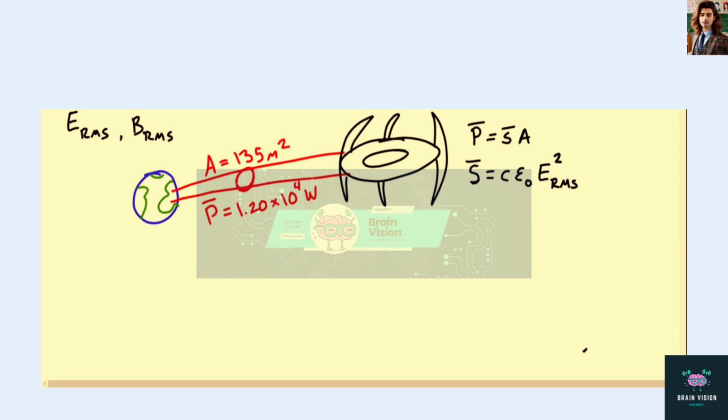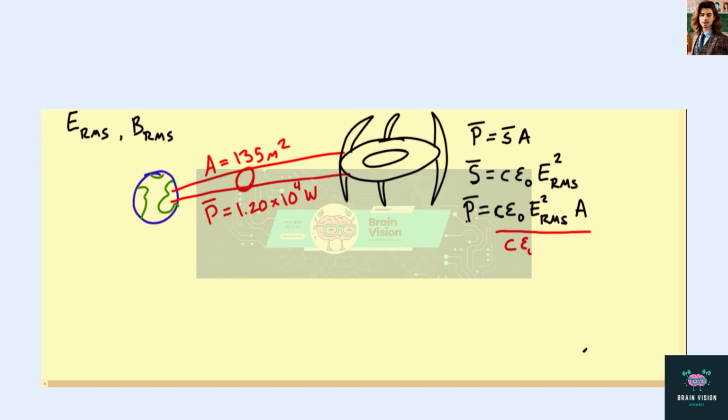Using that, then we can just plug it right back in to our equation for the average power. P equals C epsilon naught ERMS squared, and then of course times the area. I'm just going to rearrange some of these terms around in order to make it clear that we're solving for the ERMS.